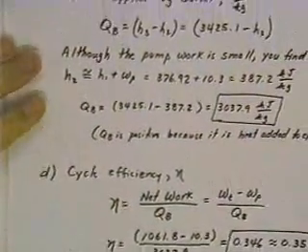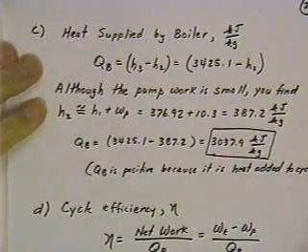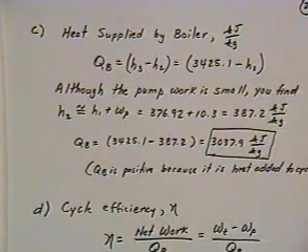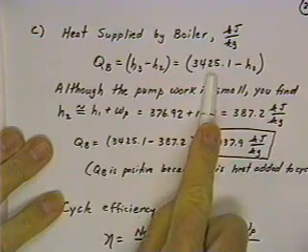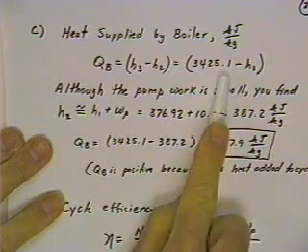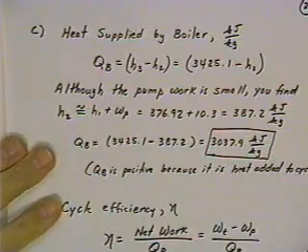Okay, so now this is a matter of finding Q sub B as H3 minus H2. H3 we've already found is 3225.1, it's the enthalpy at point 3. Now we've got to find H2.